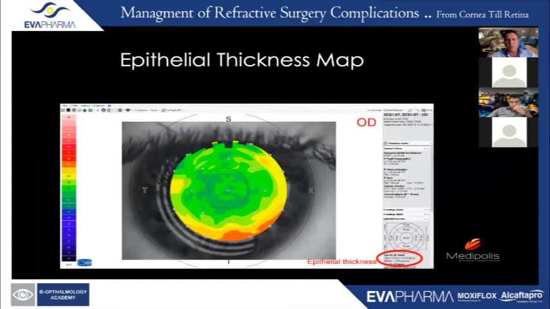When the epithelial thickness is not evenly distributed over the cornea, you also have to look for things like basement membrane dystrophy and treat it before you do a good refraction and order the ICL. And you can rule out a lot of inconsistencies in your surgical results.